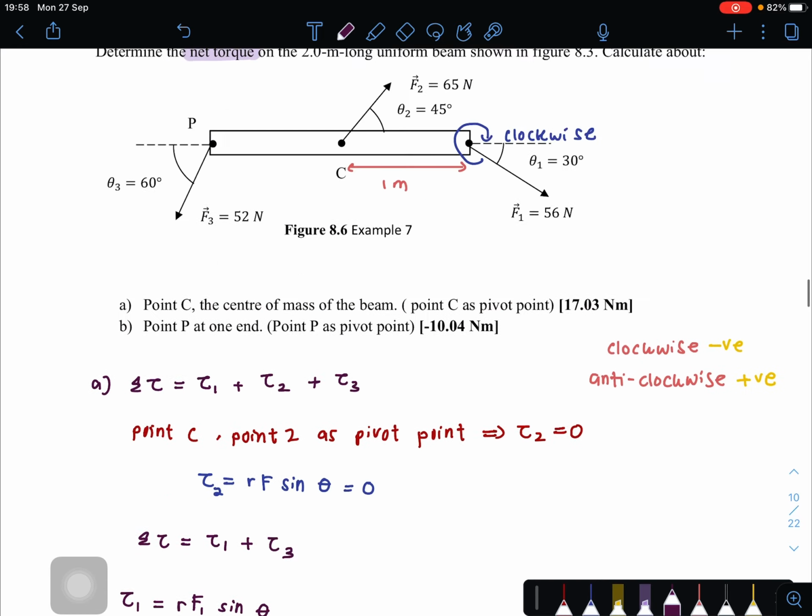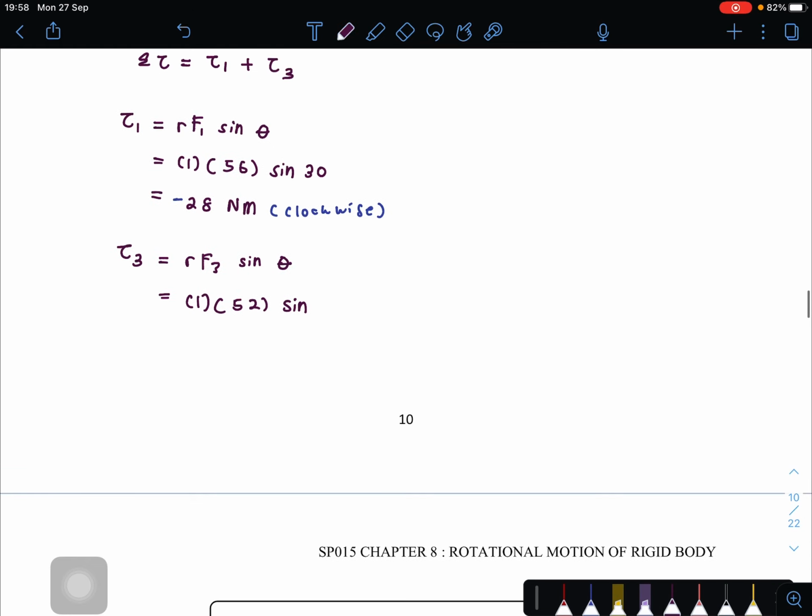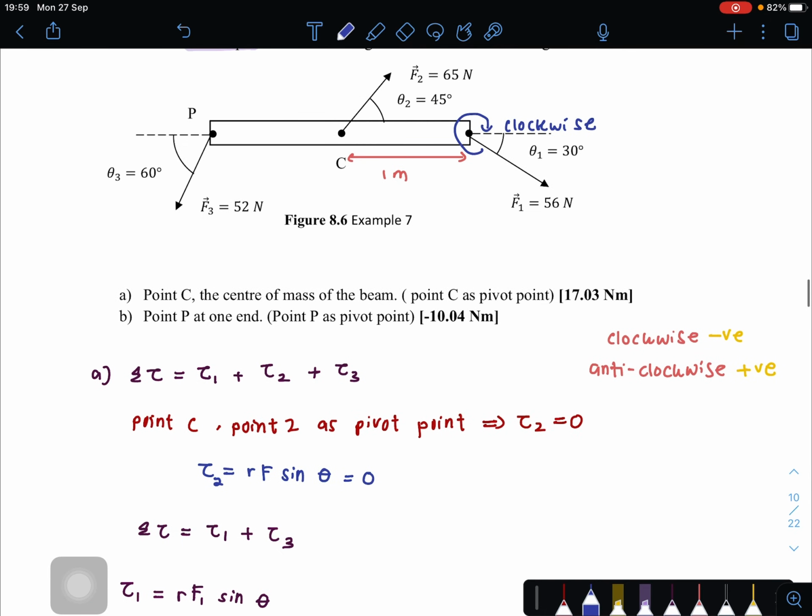And then sin theta, where theta is the angle between F and R, which is 60 degree. So press the calculator, you will get 45.03 Newton meter.